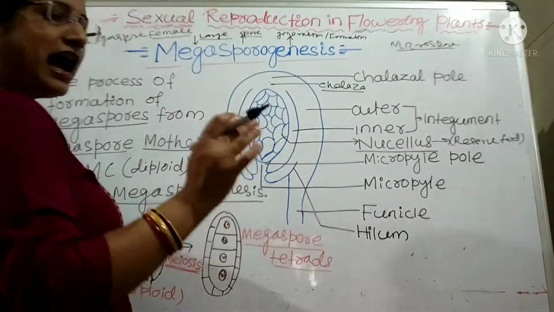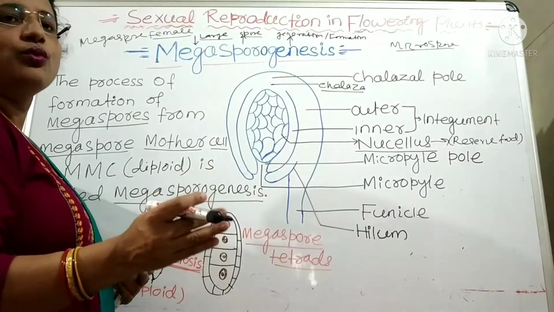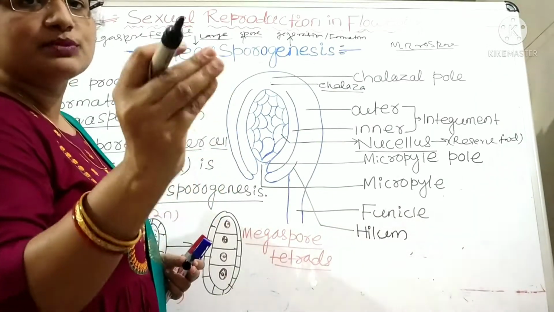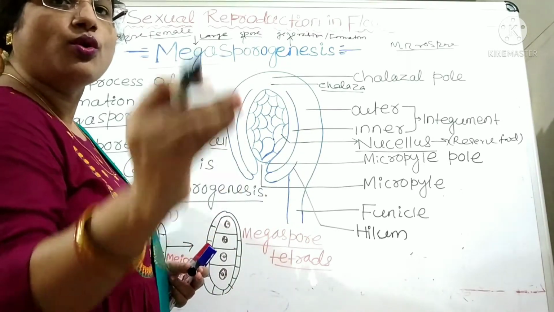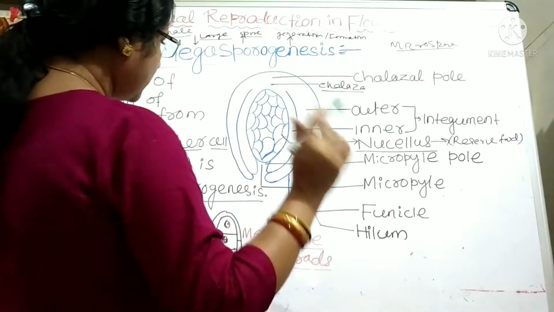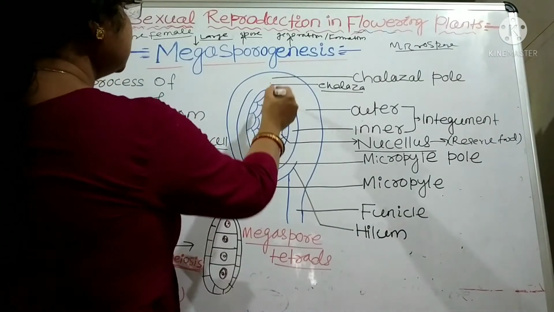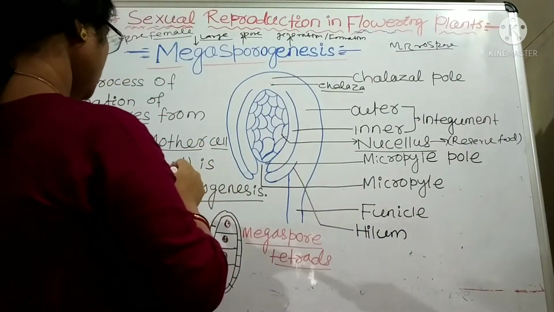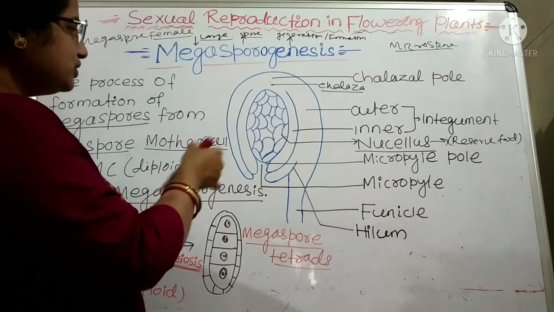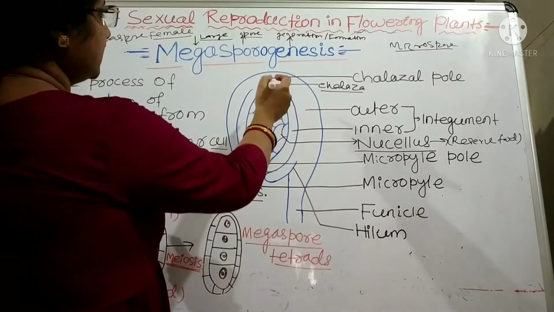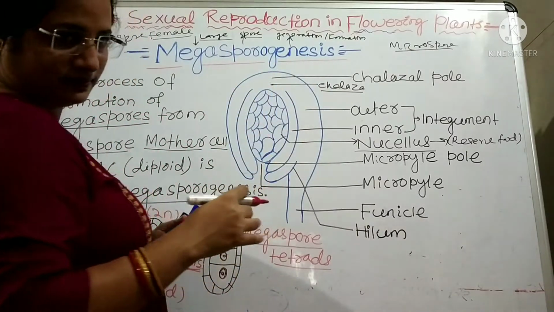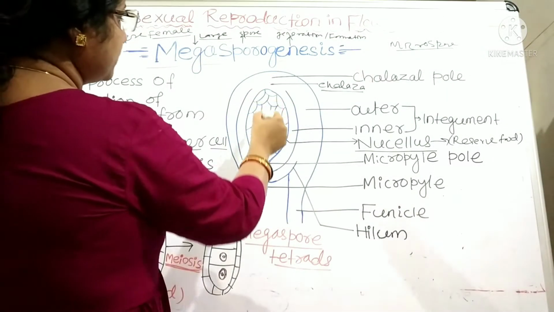Now we have to know which is the megaspore mother cell, from which cell the megaspore will be developed. This is the nucellus, which is compactly arranged or filled with many parenchymatous cells.